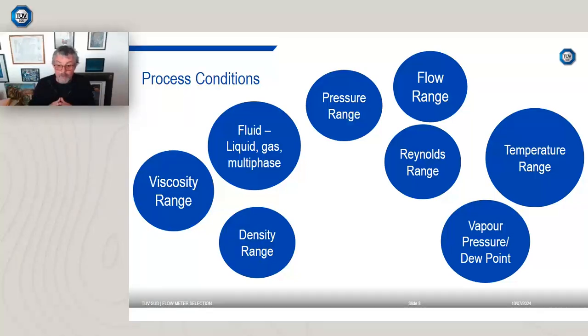So again, the vapor pressure and dew point are considerations. We want to keep away from that if we can, and if we can't, we don't want to make that situation work by turning a single phase fluid into a two-phase fluid.